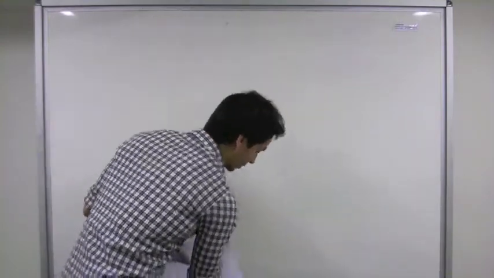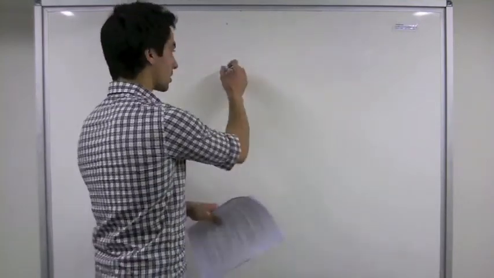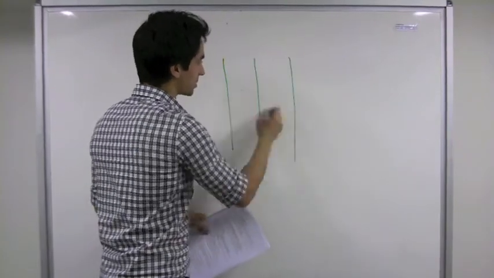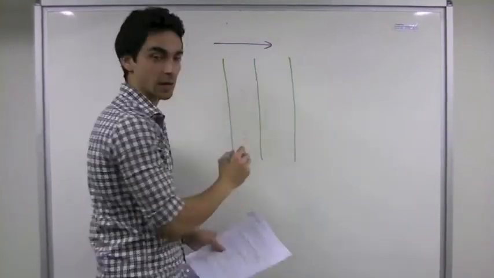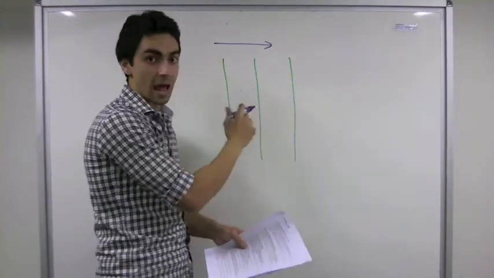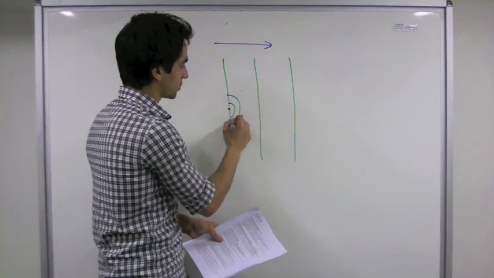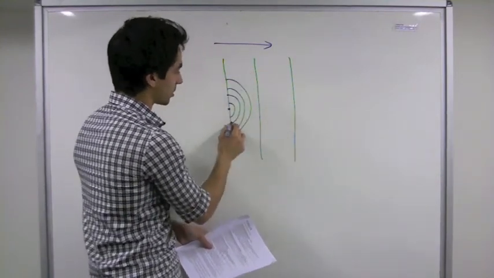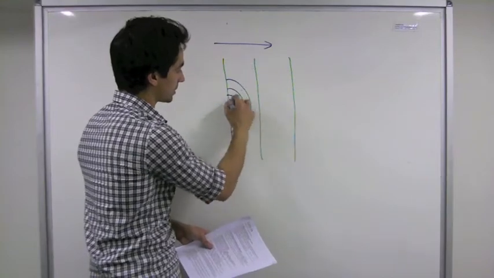So, firstly, you want to explain Huygens principle to the students, whereby, okay, let's say these are wave fronts for a wave traveling in this direction. Each point on the wave acts as a secondary source of a wave. So, for example, this point here is actually creating a wave like that. Another point here is creating a wave like this.